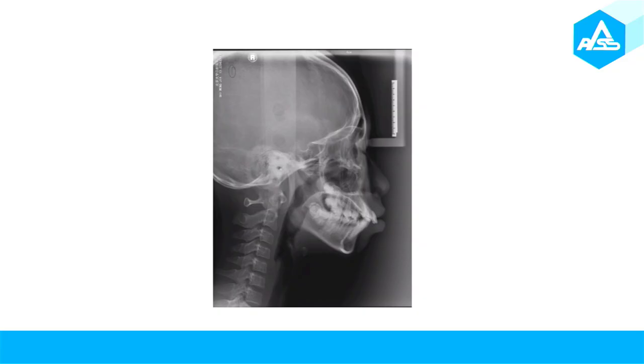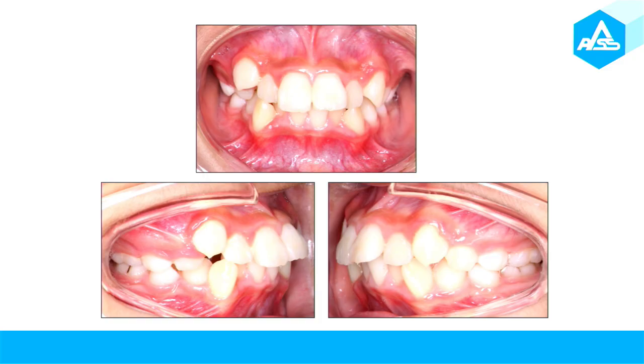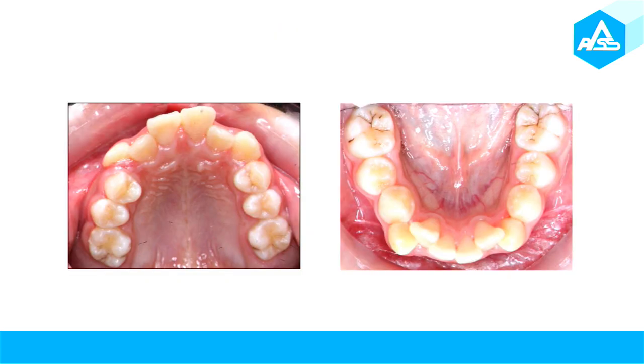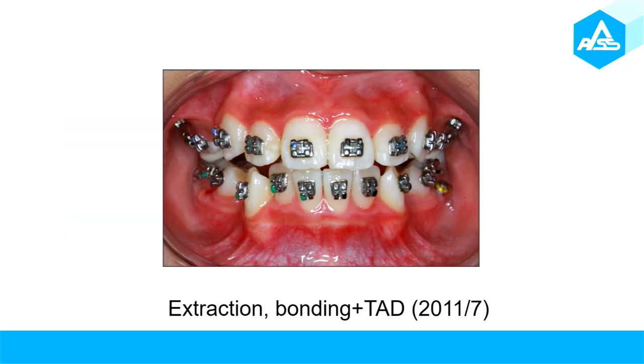This is her ceph and intraoral photo. You see crowding and a Class 2 relationship. Occlusal view. For this kind of case, we usually extract four premolars.